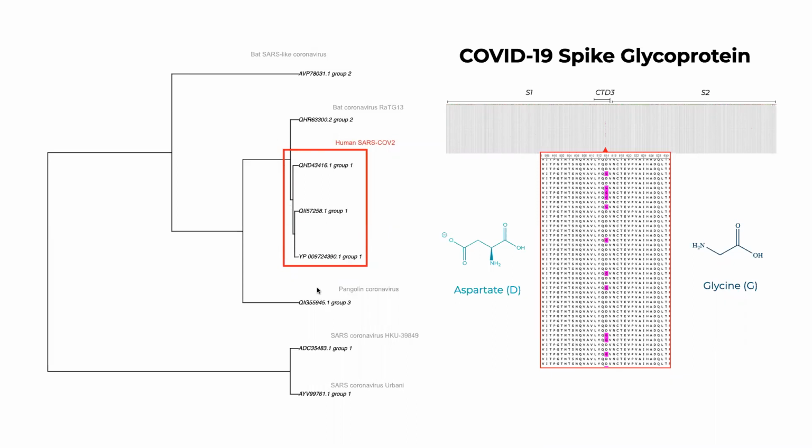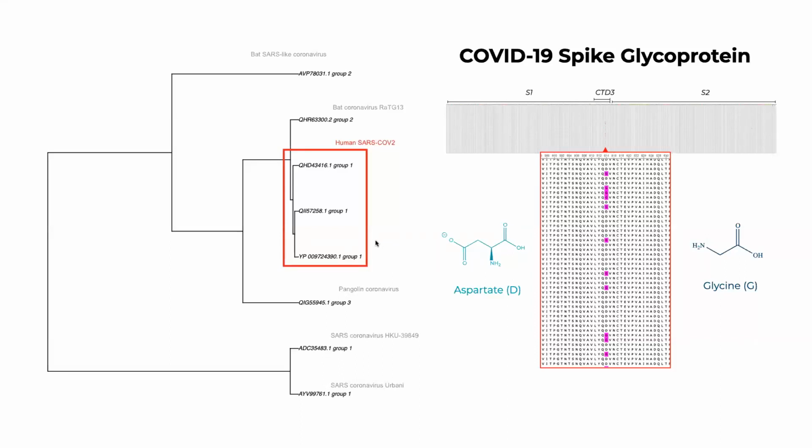Even though it's not as closely related, all of them are very different from the original SARS-1 and the Hong Kong SARS-1 specific strain HKU, right? So these are different from other coronaviruses. If we look within the human population, so just after COVID-19, we can identify very specific changes.